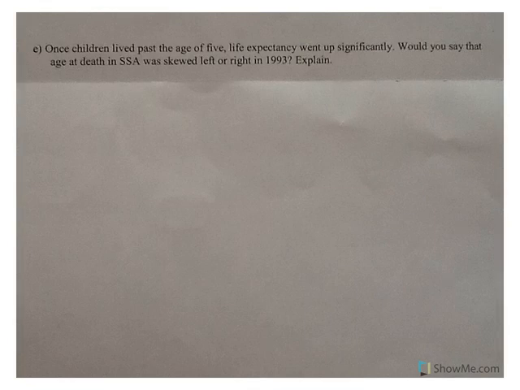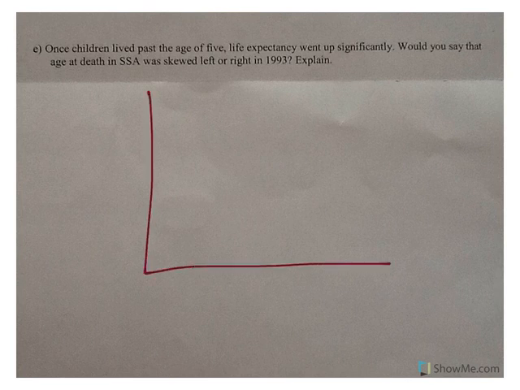Now, once children lived past the age of 5, their life expectancy went up significantly. You think that they got an immune system maybe a little bit better. They could take care of themselves. I know 5 is hard, but 5 years old, they could maybe go find water. There are different things that happen. It's a world that I have no knowledge of. I will admit that entirely. But we know that from 0 to 5, lots of these kids died.